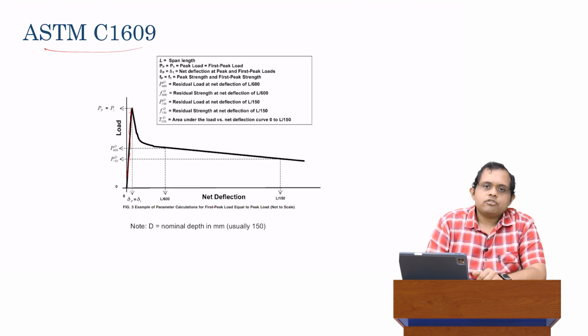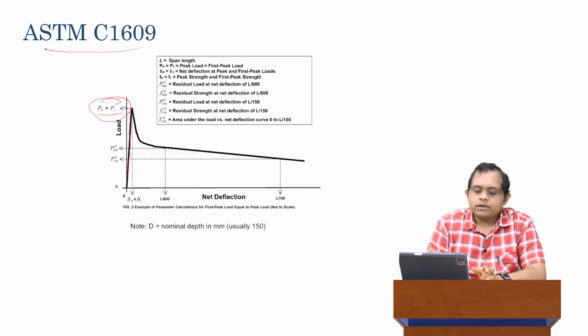This is identical for PCC as well as for micro FRC. The maximum load then reaches some value, which we can call PP or Pmax or P1, whatever. This is what we call the peak load, and it gives us the flexural strength of the plain concrete. Sometimes it can also be called the first peak load.